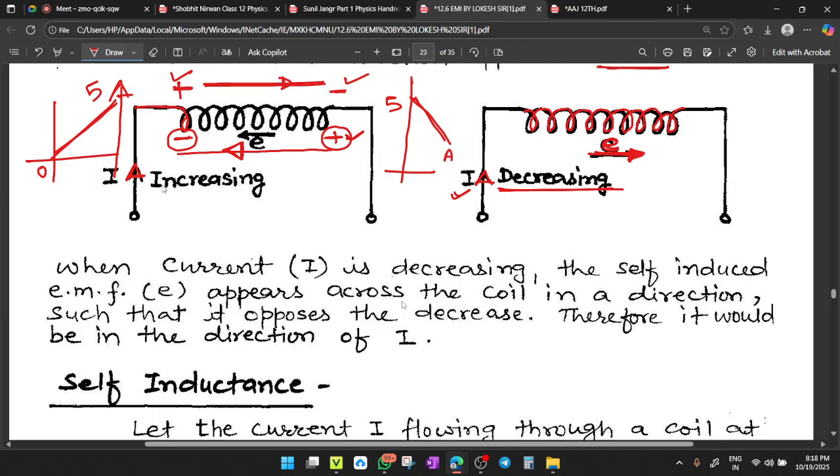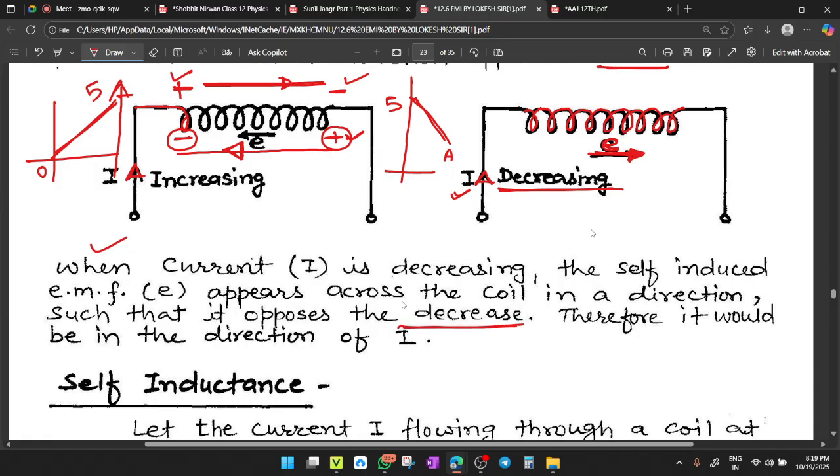If you increase, then it will be in opposition. And when the current decreases, it will be opposite. The nature is opposite of decreasing. Clear? The induced EMF is against the decrease of current, so it will support your current. So when current I is decreasing, the self-induced EMF appears across the coil in a direction such that it opposes the decrease.